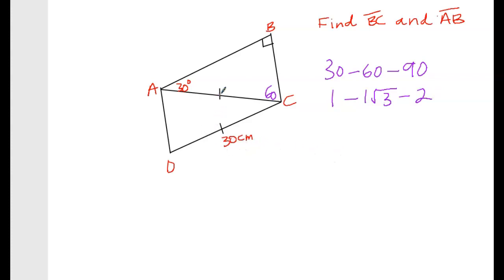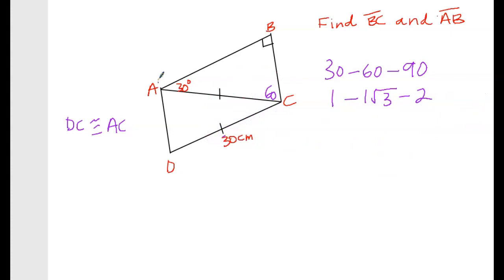Here we see this symbol. This symbol represents congruent. So they are saying that DC is congruent to AC. That's the meaning of that symbol right there. That symbol was part of the question.